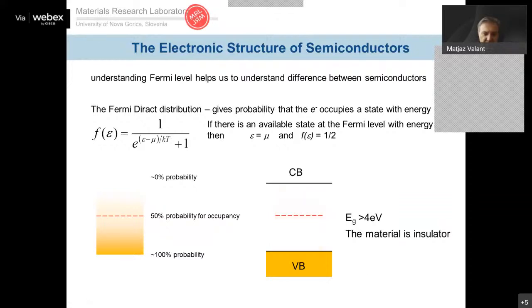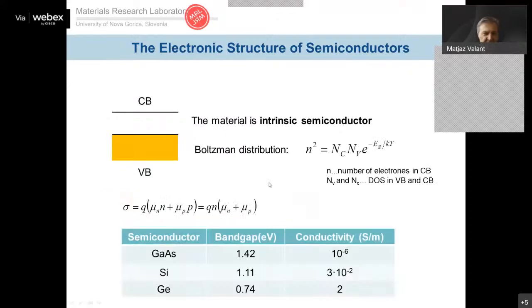We do have a fully occupied valence band, empty conduction band, and the Fermi level is in the middle. However, there can be no occupancy because we have forbidden energies in this gap. So this is how we define the Fermi level in insulators. Now we can talk about narrow band gap semiconductors.